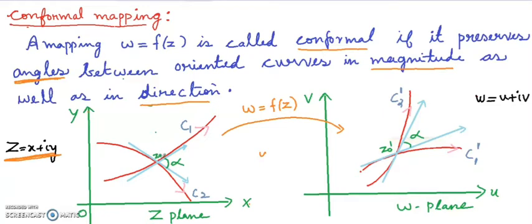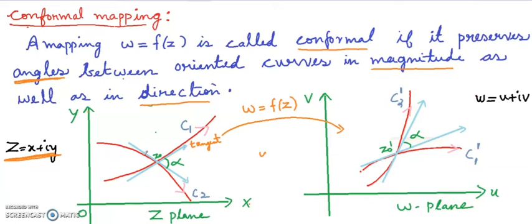The blue straight lines indicate the tangents to the curves C1 and C2.